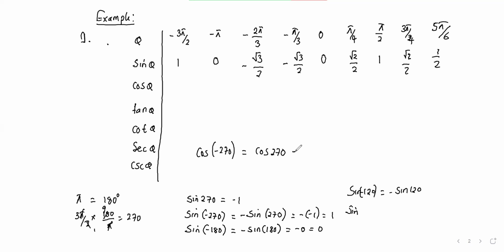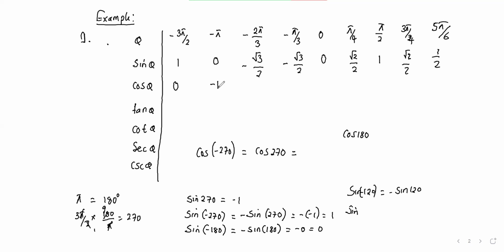So what is cos 270 from the table? 0. And then cos pi, what's cos pi? Negative 1.